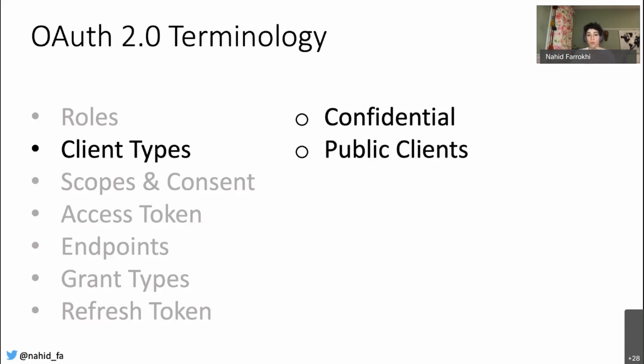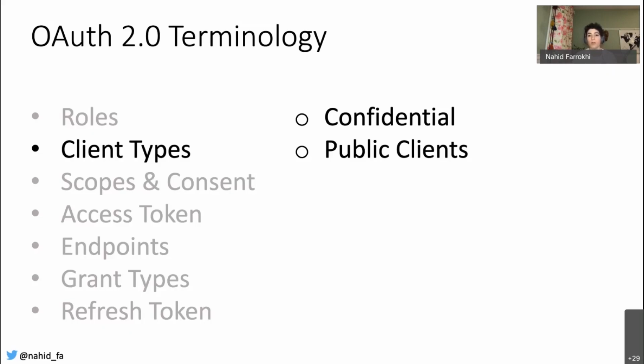The reason I said that is that the type of client is related to that secret. The first type of clients are confidential clients. Confidential clients are the ones that can keep that secret secure, so they are able to securely authenticate with the authorization server. I'm going to provide some examples of this.